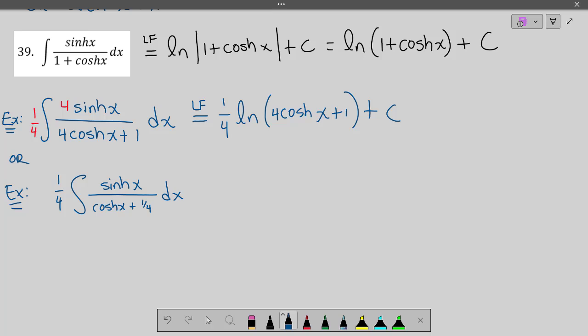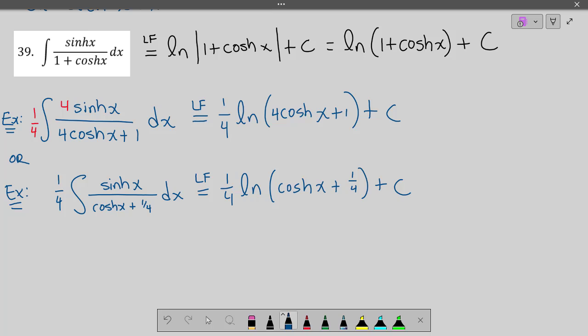Now, this is in log form again. The derivative of the bottom's the top. So here we would get 1/4 natural log of cosh x plus 1/4 plus c. So both of those are the same. Both of those work. They look different, but they are the same.